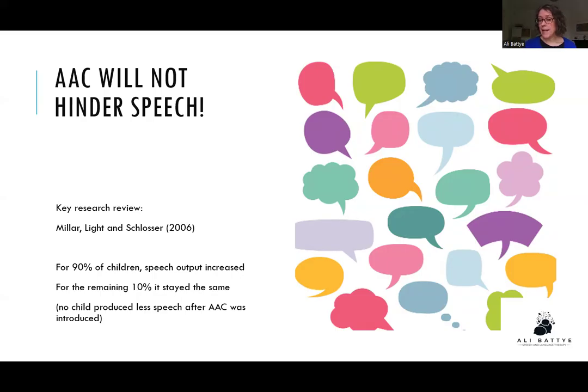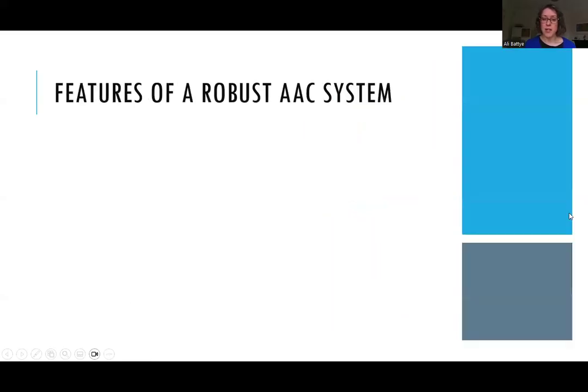For 10%, it stayed the same, and no child produced less speech after AAC was introduced. And I think that comes down to success, communication success. So when a child has AAC available, they experience more success, and that just encourages all their modes of communication for them to use those more.